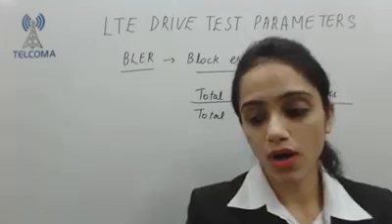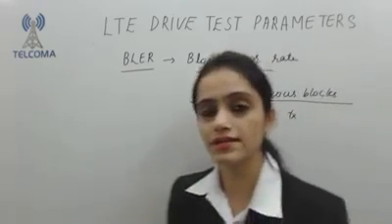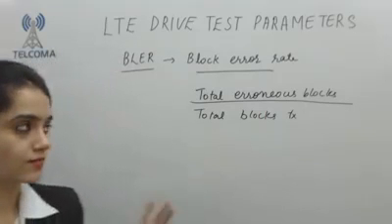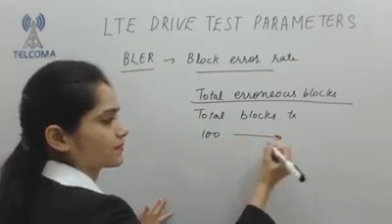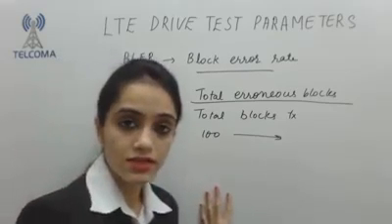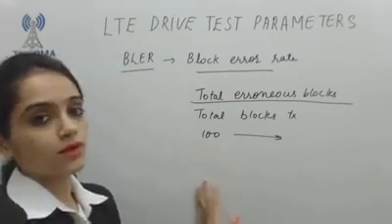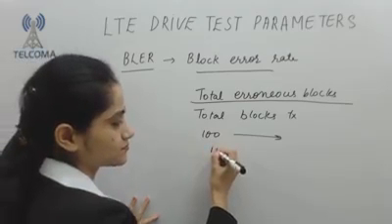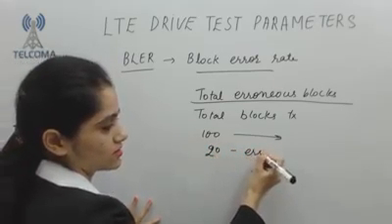That means this block error ratio is basically to check the number of errors we are receiving in the network. So if I am transmitting 100 blocks, I can say 20 are error blocks.